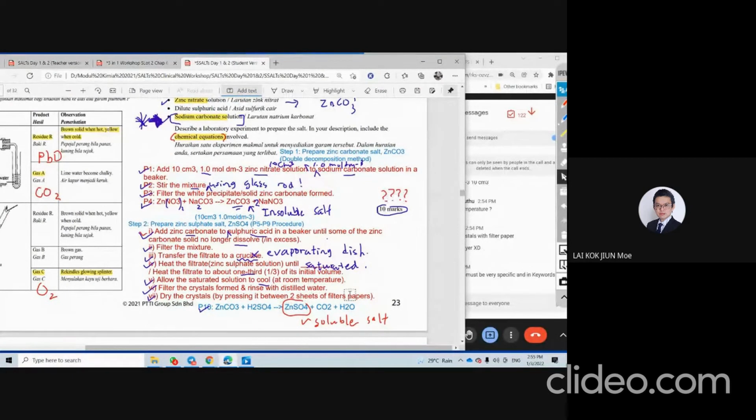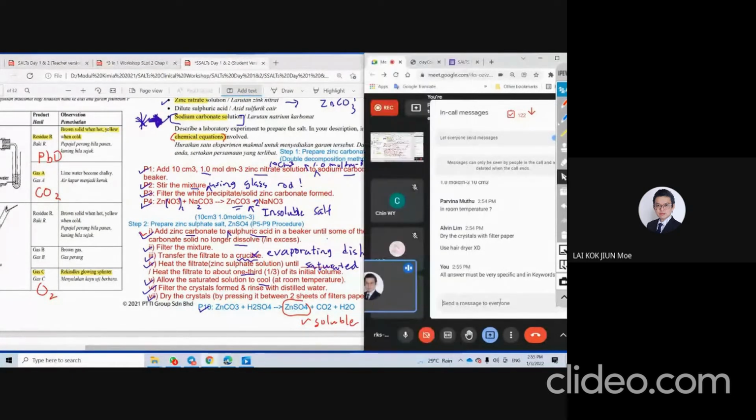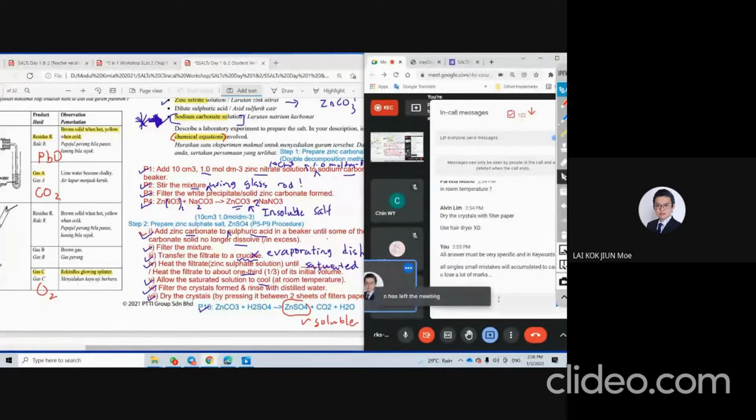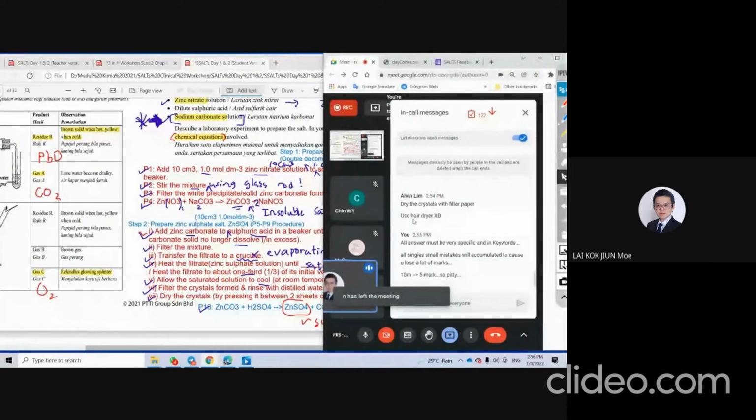They can catch you on a lot of single mistakes and deduct, and finally you only get a few. Four single small mistakes will accumulate and cause you to lose a lot of marks. Maybe 10 marks become only 5 marks. So pity, you see. So you have to be very careful.